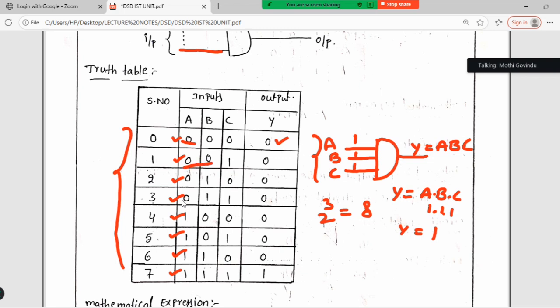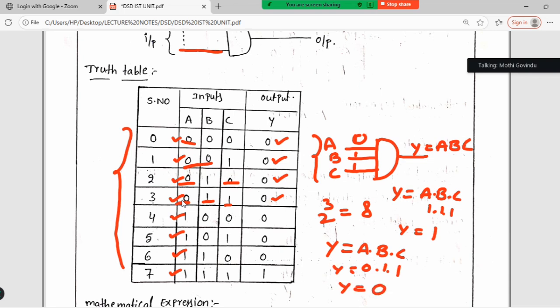Here with two zeros, the output is 0, and here with a single 0, the output is 0. Let me take A equals 0, B equals 1, C equals 1. Y equals A into B into C, so 0 into 1 into 1, and the output I get is 0.